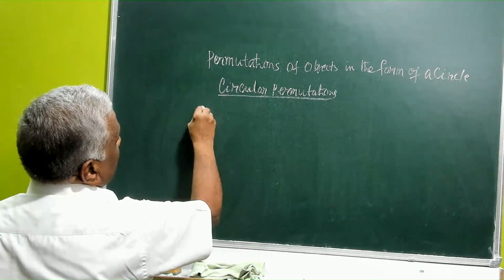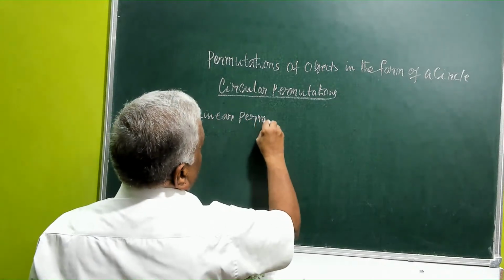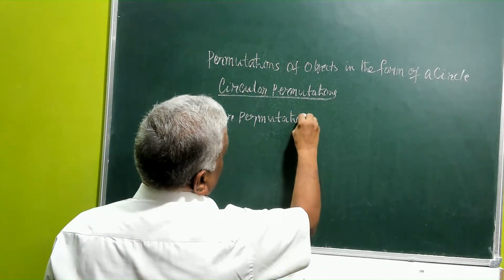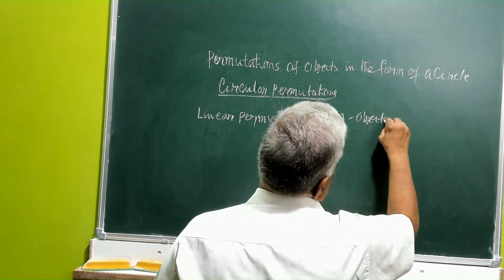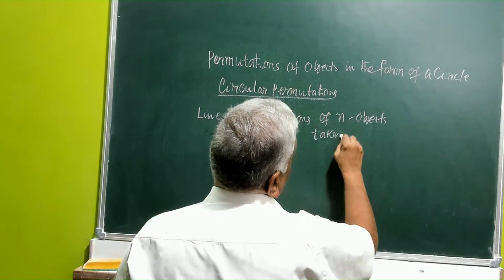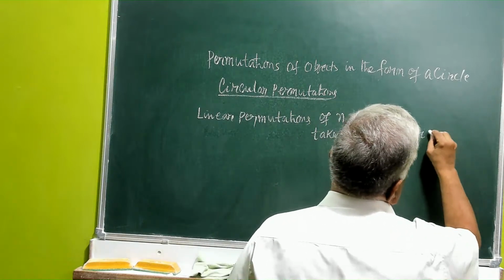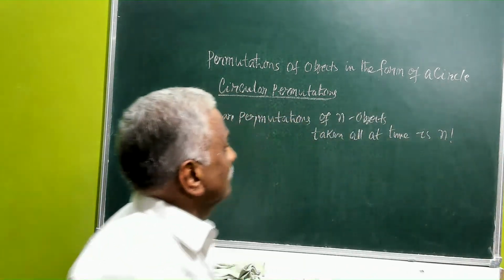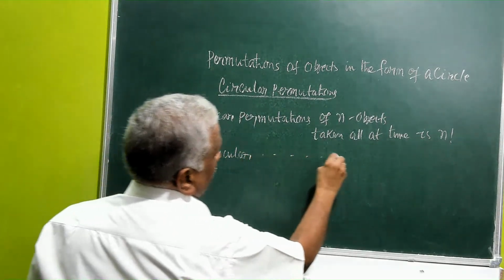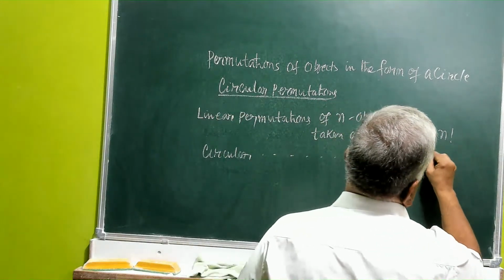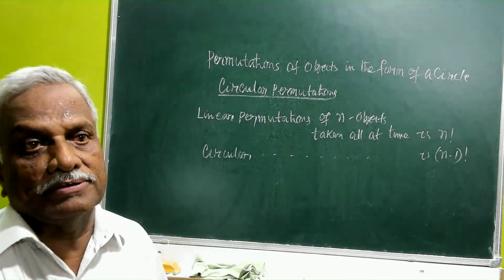See, linear permutations of n objects taken all at a time is n factorial, whereas circular permutations of n objects taken all at a time is n minus 1 factorial. So this is what you need to remember.